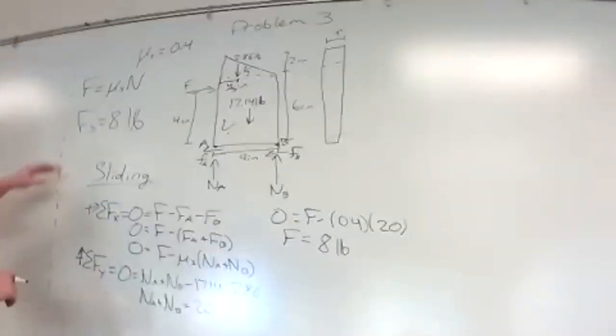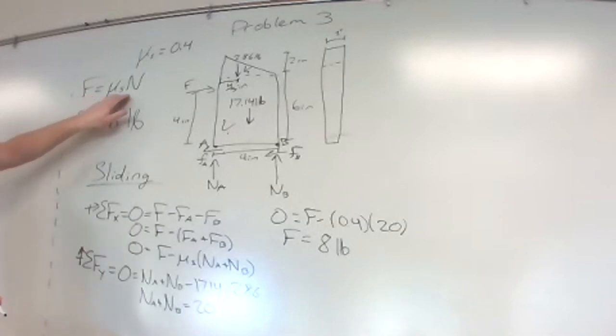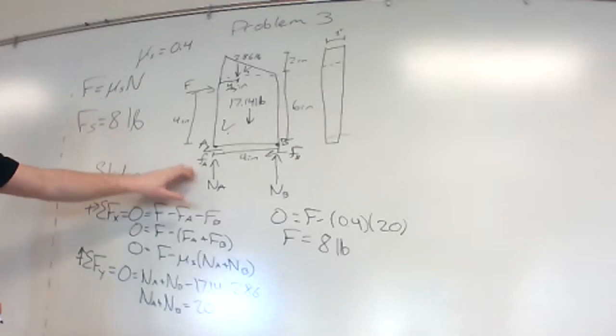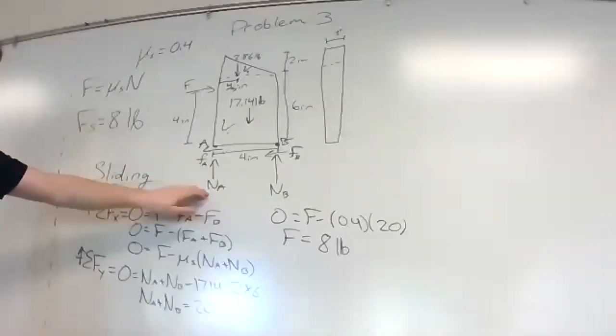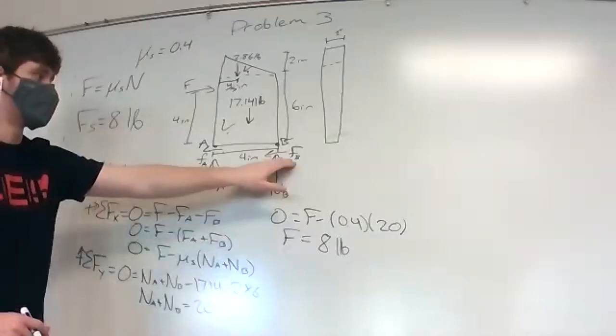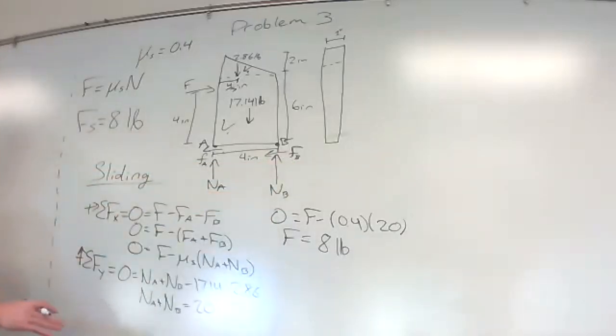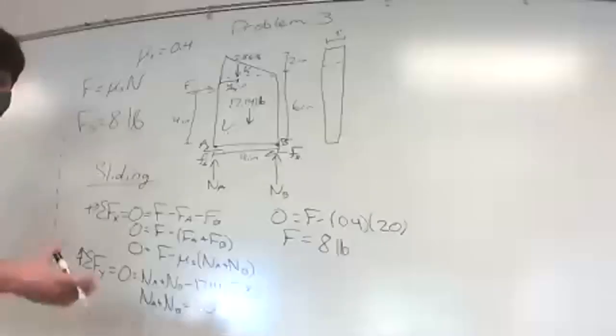So always your friction F is going to be equal to mu sub S times your N. Your friction at A is going to be equal to mu sub S times NA, and FB is going to be equal to mu sub S times NB generally.